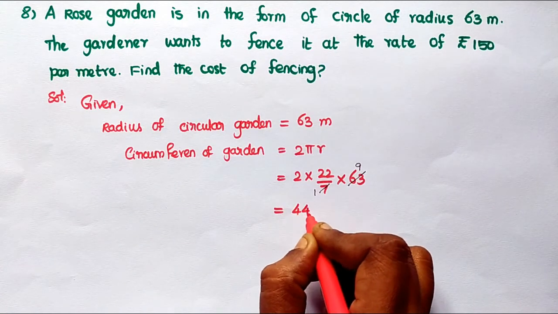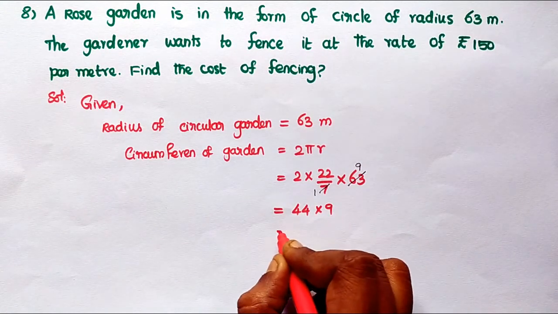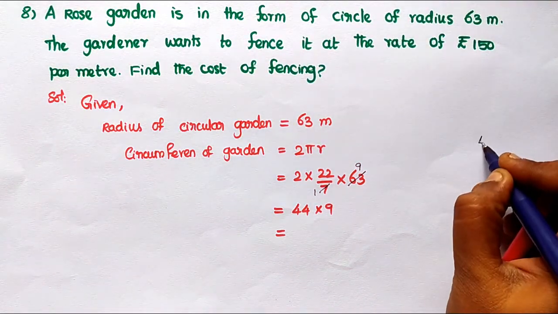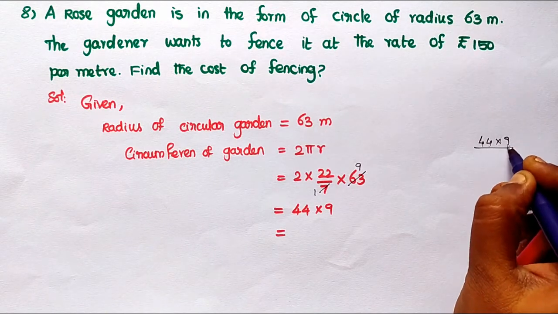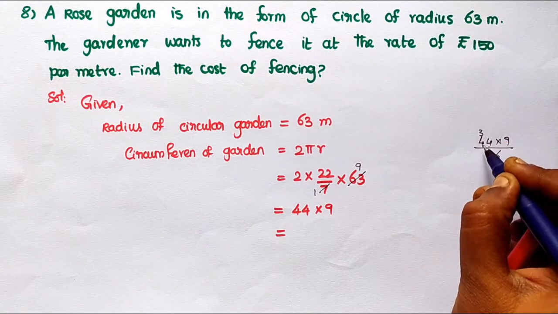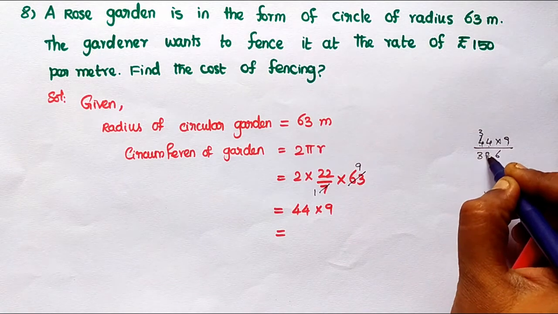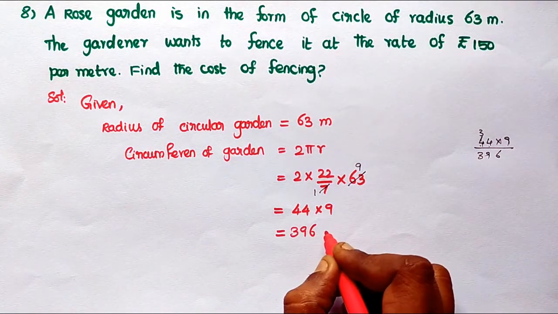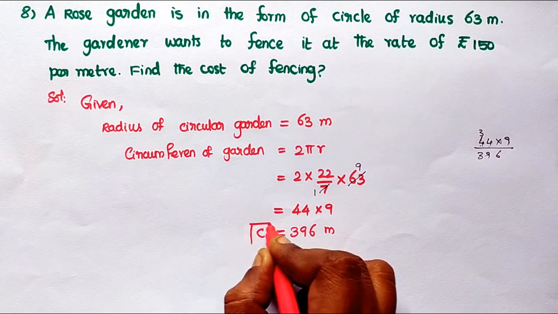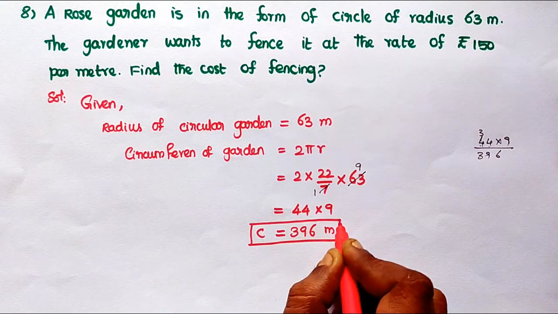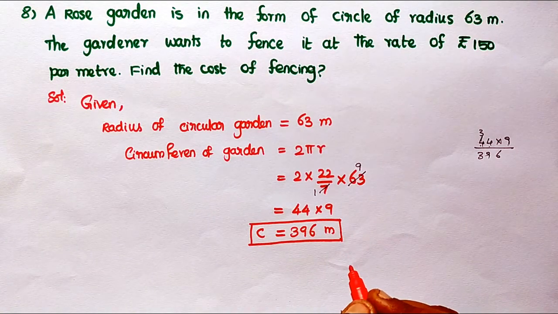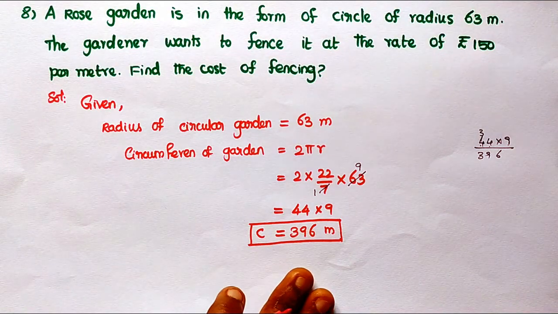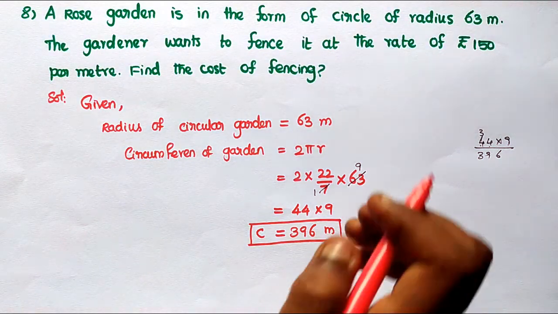So 44 into 9, that is equal to how much? 44 into 9. 4 9s are 36, carry over 3, 4 9s are 36 plus 3 39. So 396 meter, that is circumference, that is the circumference perimeter of the garden, circular garden.